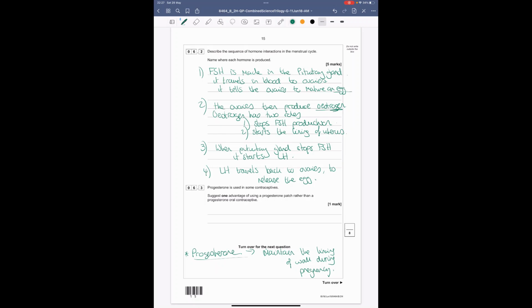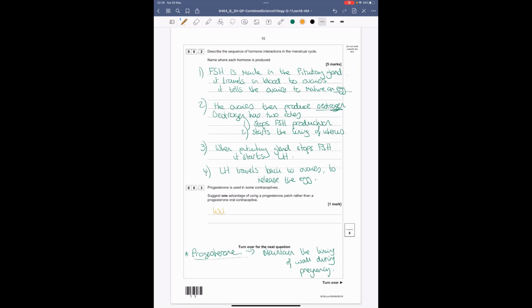It then says, question 6.3, progesterone is used in some contraceptives. Suggest one advantage of using a progesterone patch rather than a progesterone oral contraceptive. So what's the advantage of using a patch rather than a pill? Okay, well, if we just think of a key advantage, if you stick a patch on, it's going to last longer and therefore there's less chance of forgetting.